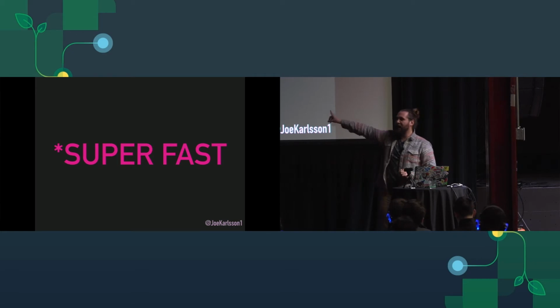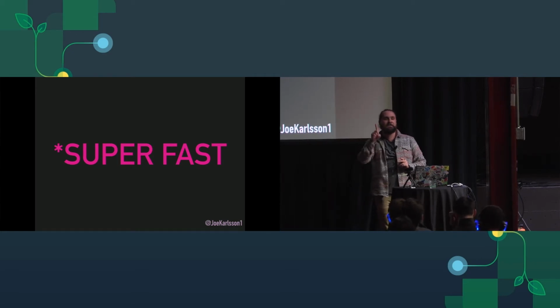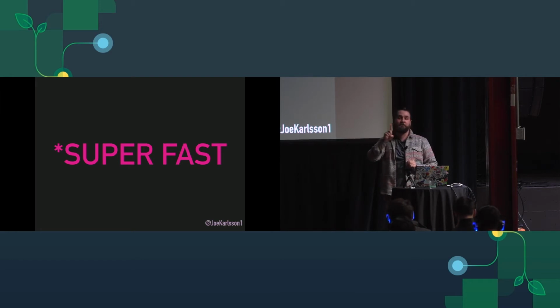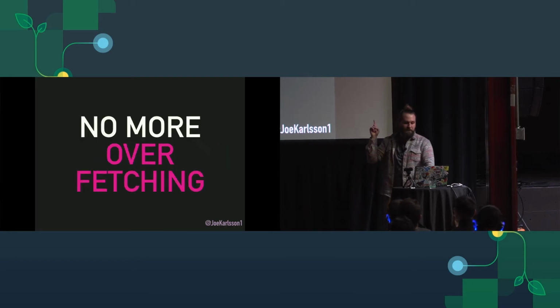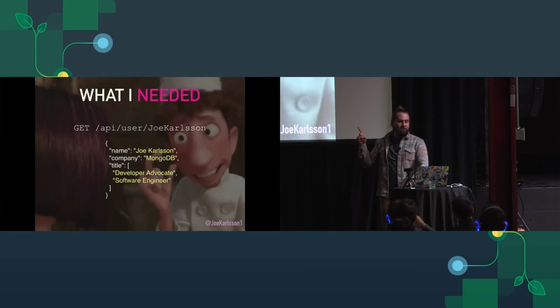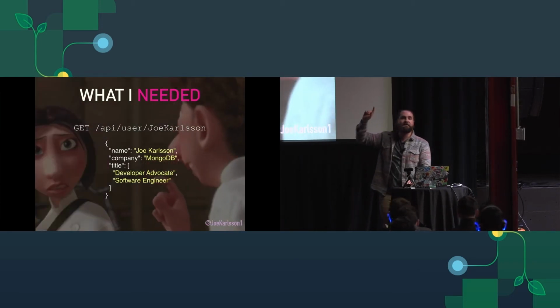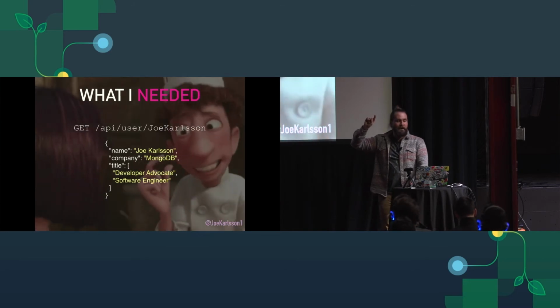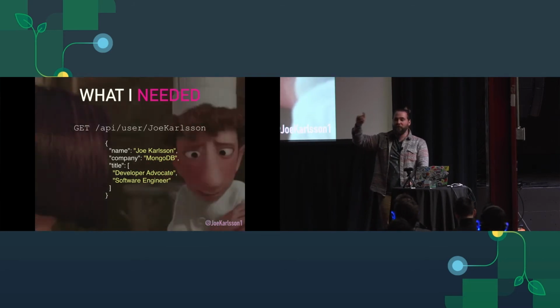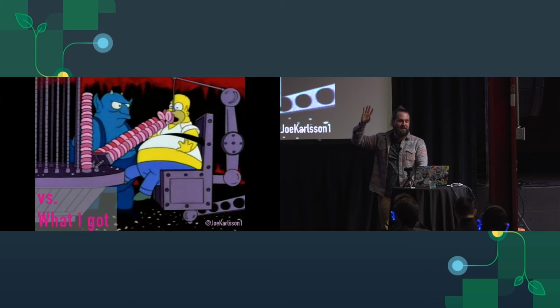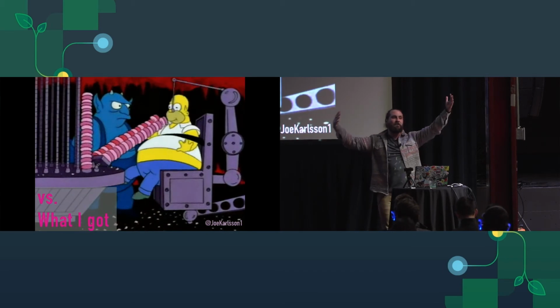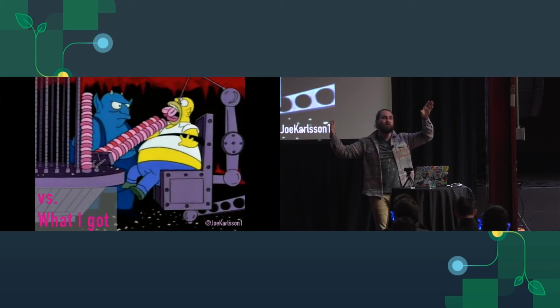Okay, super fast. There's a little asterisk here. We'll get to the asterisks in a second. There are some massive performance gains you do get from switching over to GraphQL. So, no more overfetching. Let's say I just want to get some data about me. I just need a little bit of data. But I make a request to the backend API, and it's actually returning a 3 terabyte JSON file with way more data than you ever need.